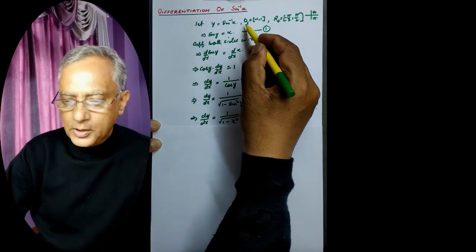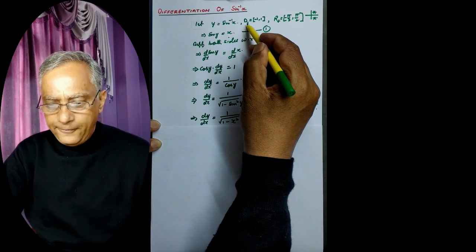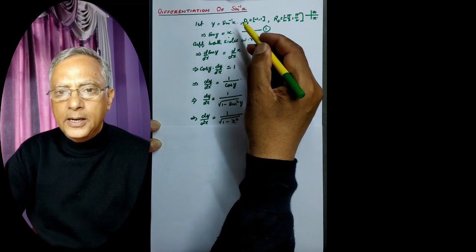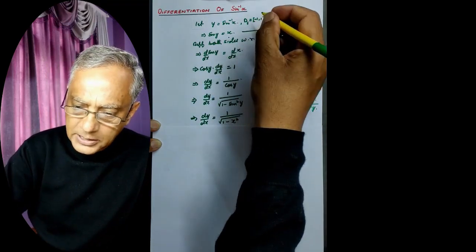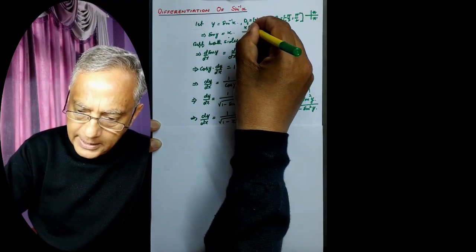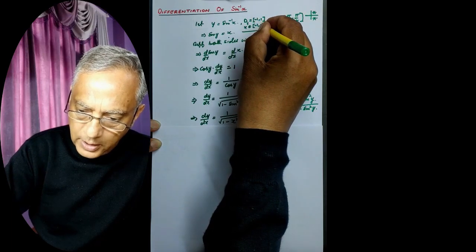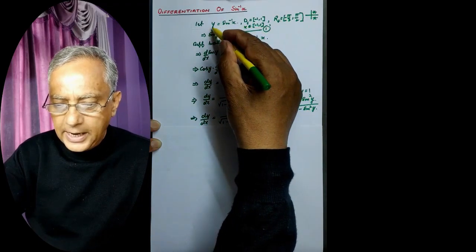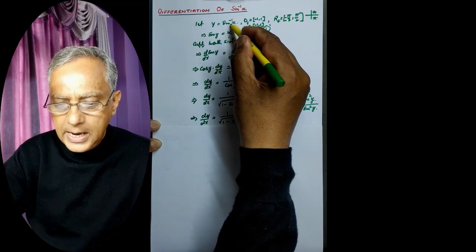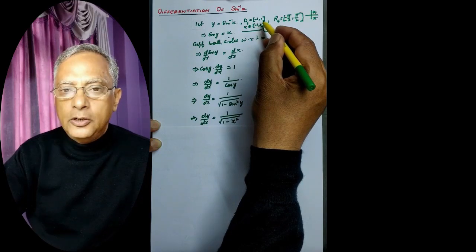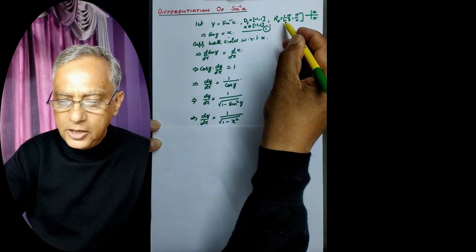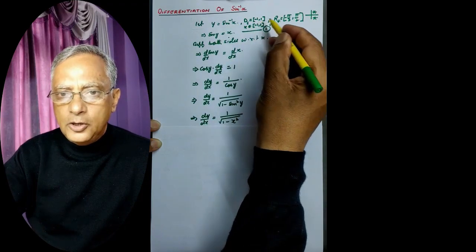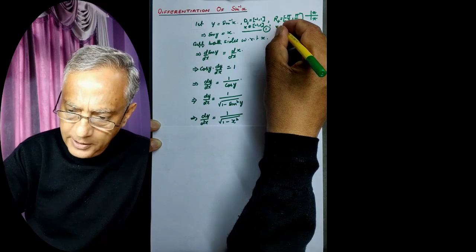This means the domain of f is all those x for which this function is defined, so x belongs to minus 1 to 1. And the range is the set of values taken by the function at the points of its domain. So these are the values of y.